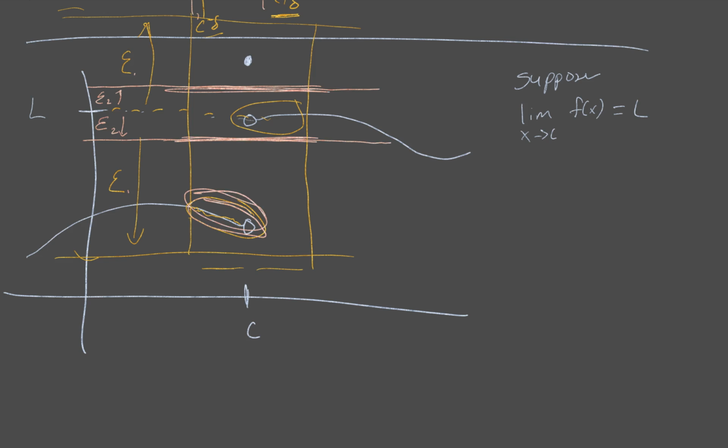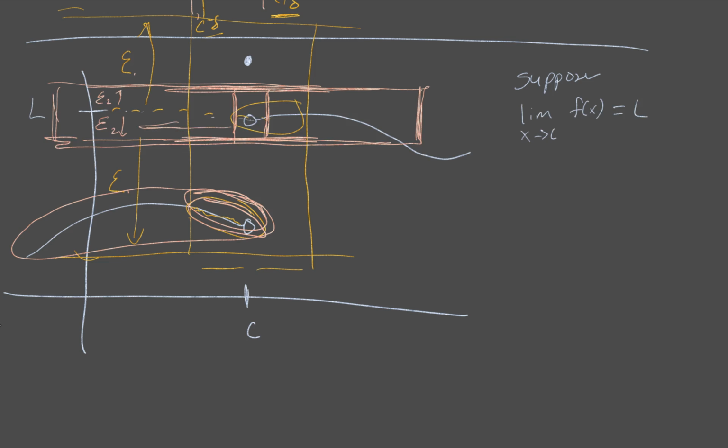This bit will never be inside that rectangle, right? This bit is never going to be inside the rectangle no matter how big I make delta or how small I make delta, right? This bit never gets inside there.